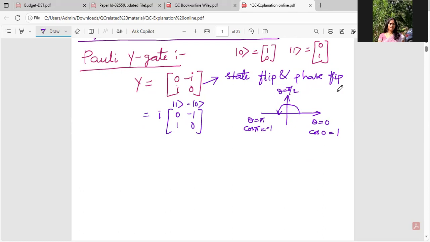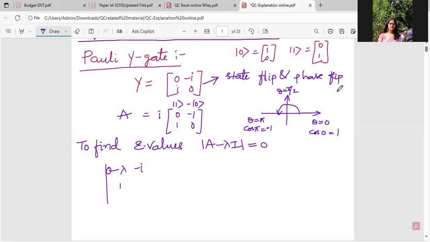Let's go for finding out the eigenvalues. For the time being, I'll call this A. To find eigenvalues, the equation that I need is det(A minus lambda I) is equal to 0. So it is the determinant of 0 minus lambda, i, minus i, 0 minus lambda, equal to 0.